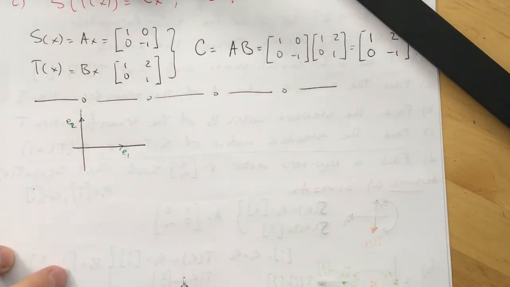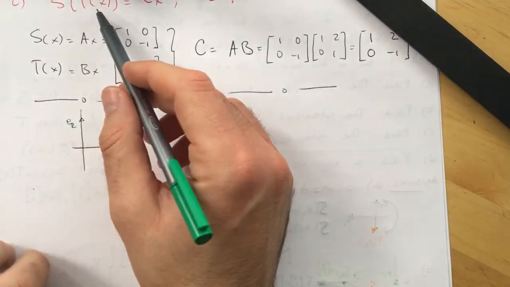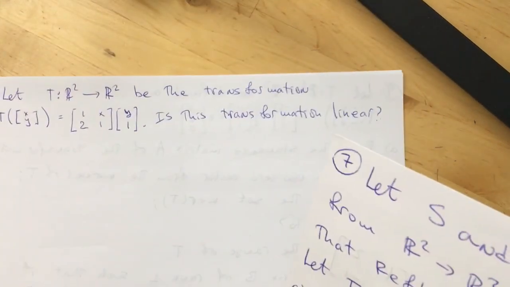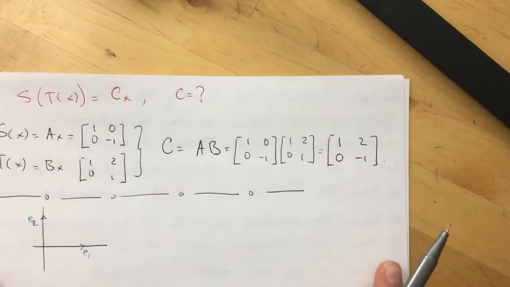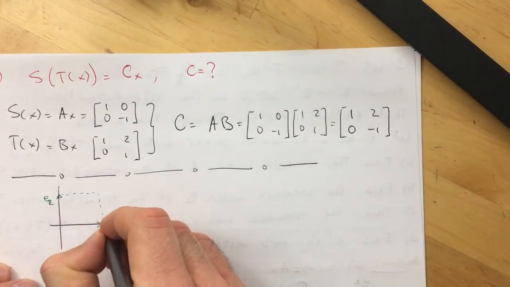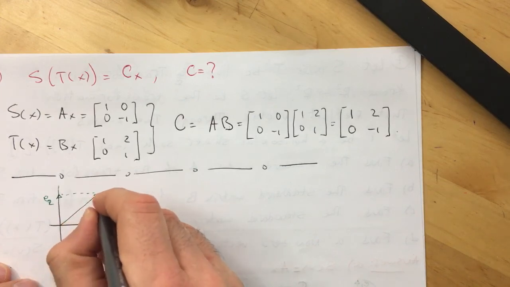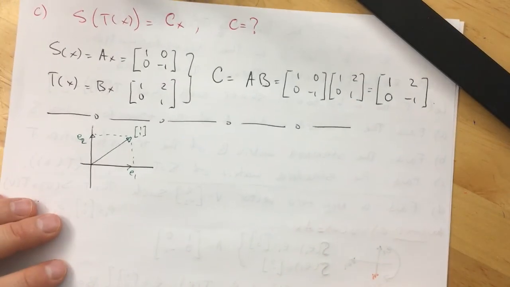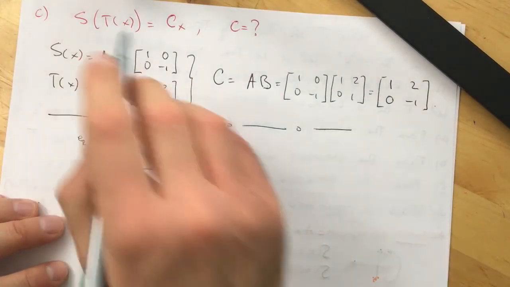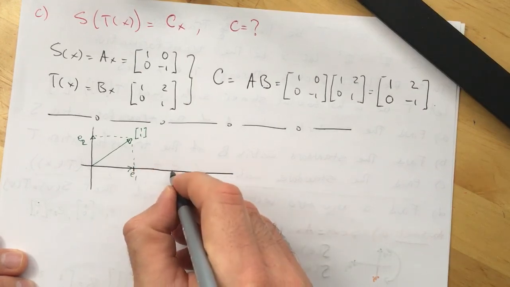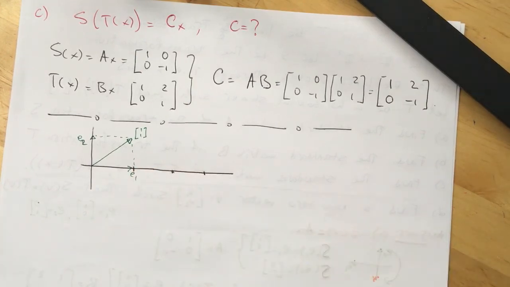First we apply the transformation T, and T was a horizontal shear, right? So this was the vector (1, 1). First we apply T, which was a horizontal shear, that brings this vector to (3, 1).